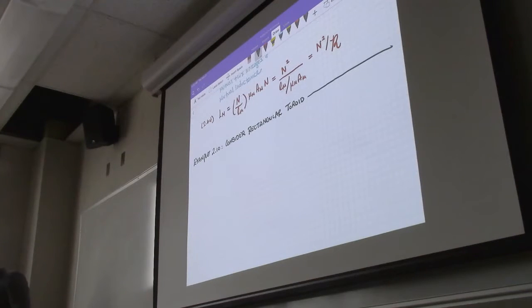Let's consider a rectangular toroid, which looks like this.